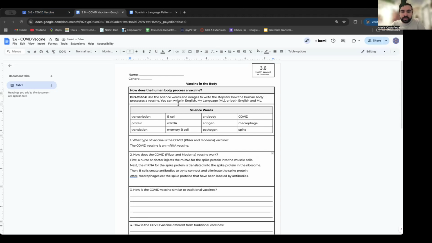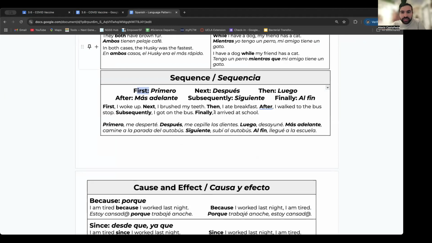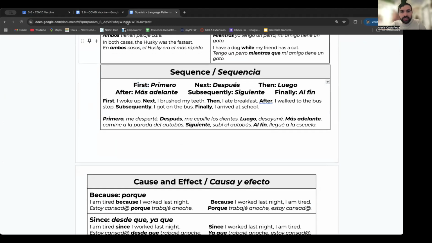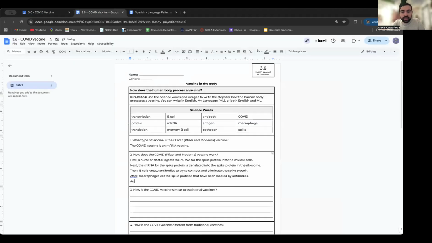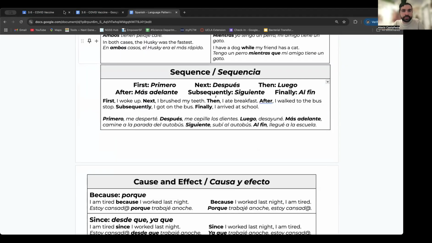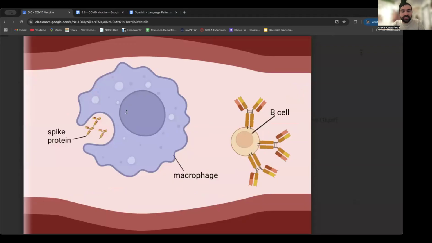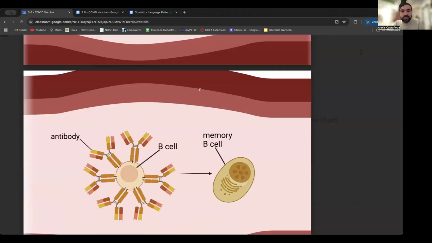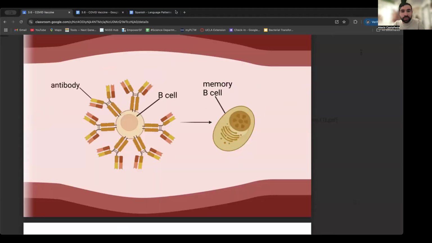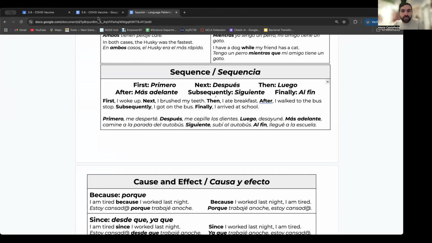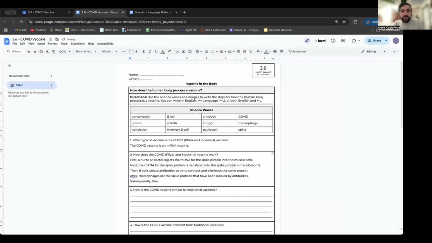So in the future, when we are sick, then subsequently, after that, right? Subsequently, this B cell becomes a memory B cell. The B cell becomes a memory B cell.